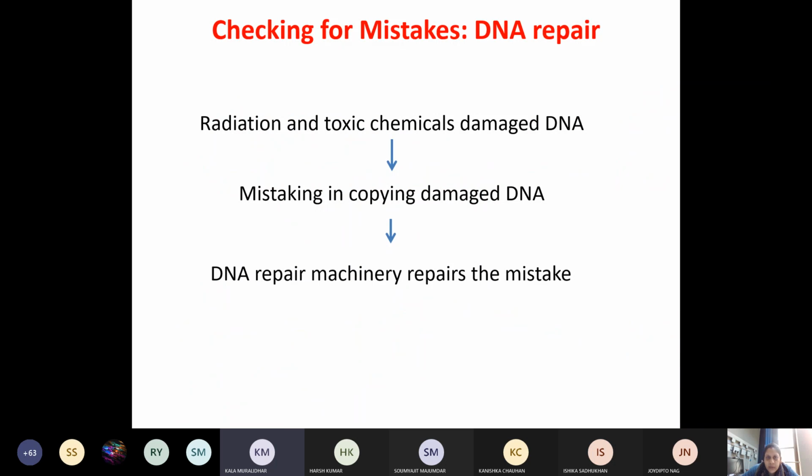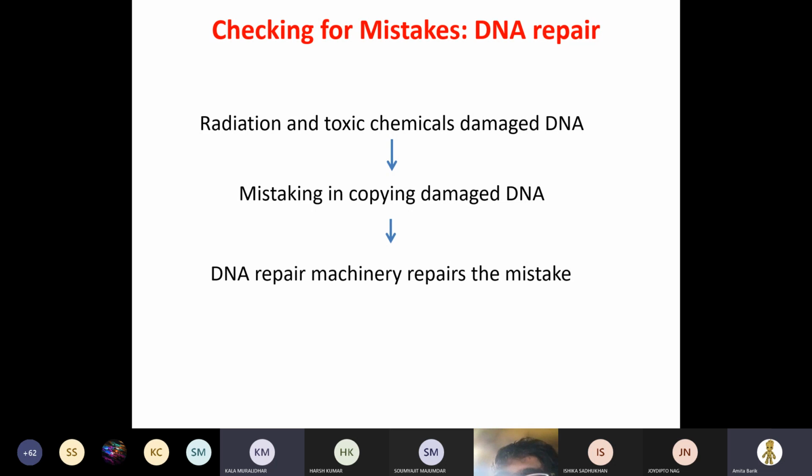One thing that is very important in DNA replication is that while the DNA is formed, there is a method known as DNA repair, which is very important because there might be some mistakes in the machinery. So for checking these mistakes, DNA repair is done. Sometimes radiation and toxic chemicals damage the DNA, or there are mistakes in copying the damaged DNA.